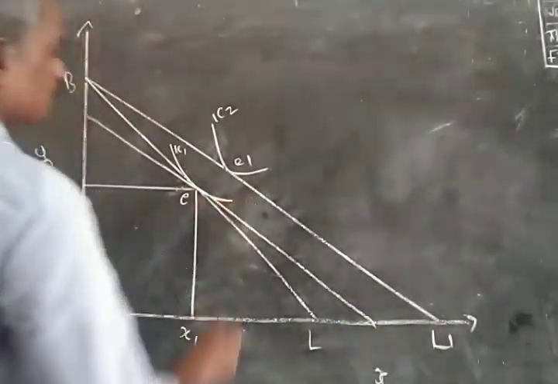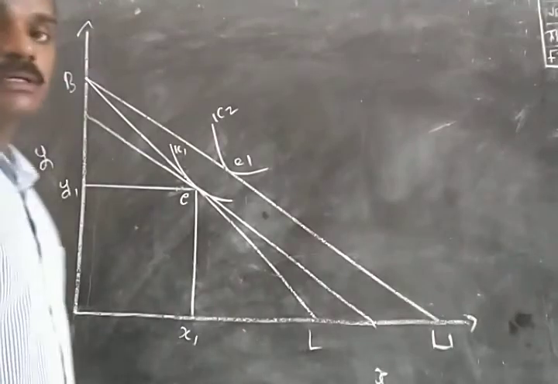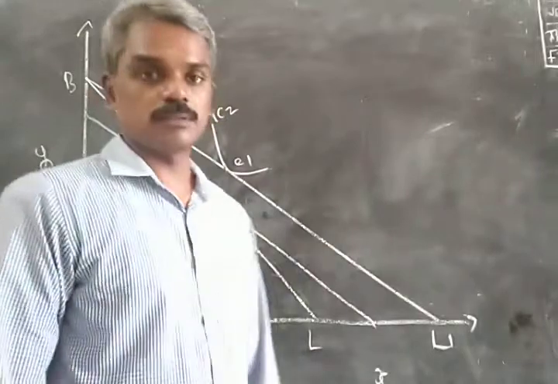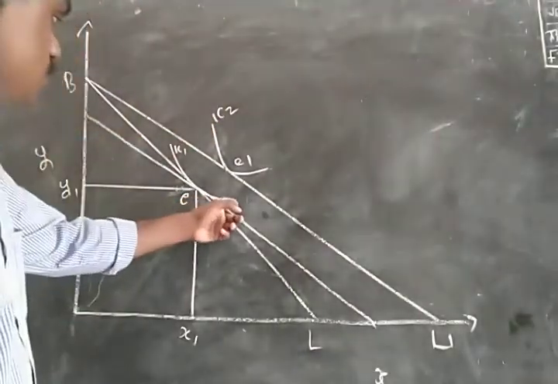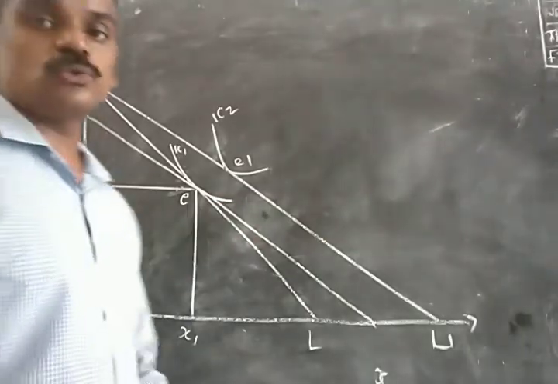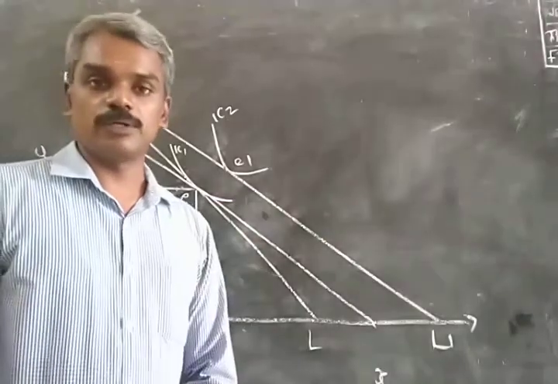Hope you have spotted the difference between Hicksian compensating variation and Slutsky's cost difference method. In the Hicksian compensating variation method, it was sufficient that the new budget line was tangent to the old indifference curve at some point.